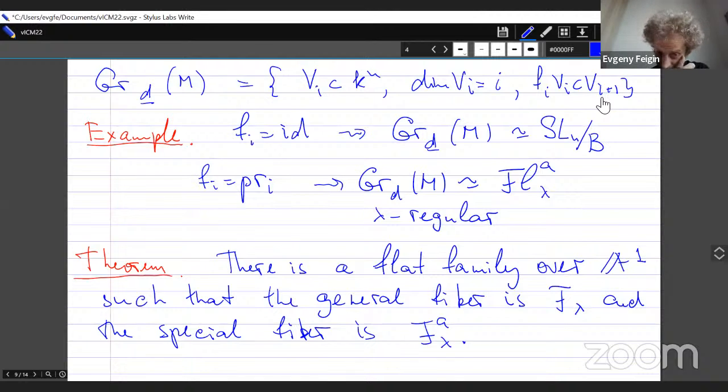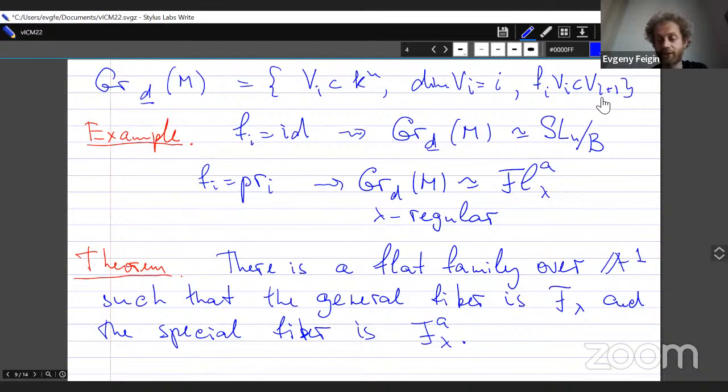So this means that we are getting a connection between the classical flag variety and the PBW degenerate flag variety. And actually one can construct in this way a flat family over A1. So a flat family of varieties, where each member of the family is going to be a Quiver Grassmannian. In our situation, the general fiber of the family is going to be a classical flag variety, and the special fiber is going to be a degenerate flag variety.